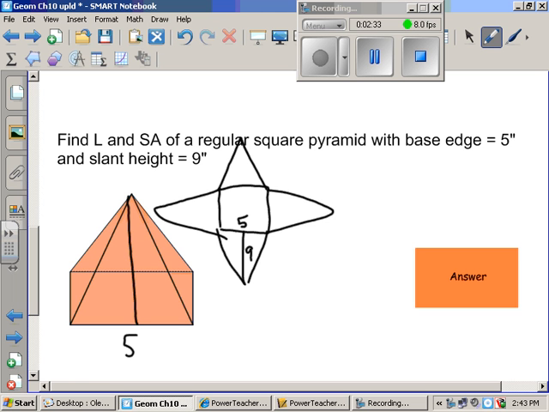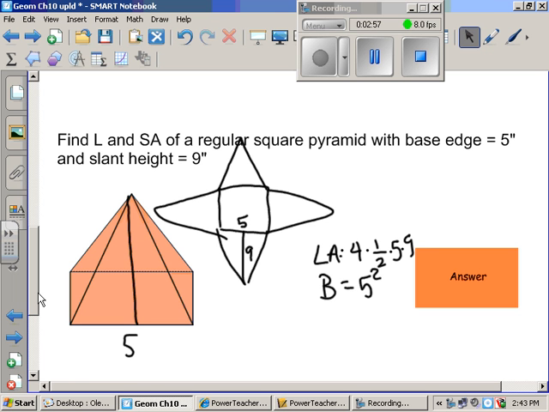So the lateral area would be 4 times 1/2 base times height. So that's 4 times 1/2 times 5 times 9. And then the base would be 5 times 5 because the base is a square.